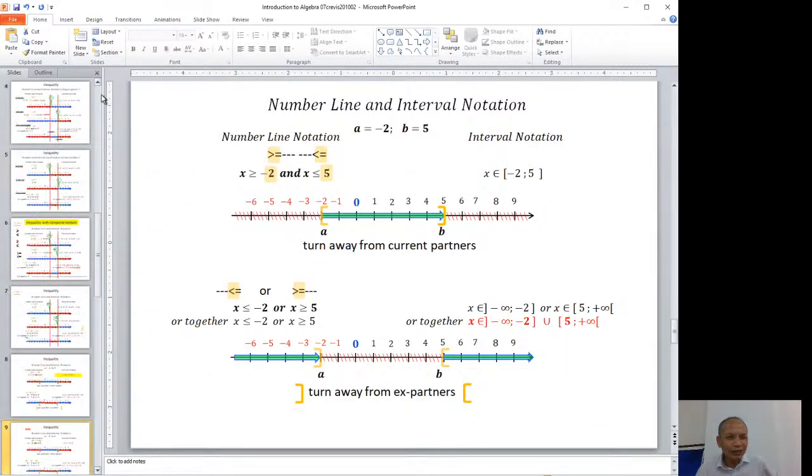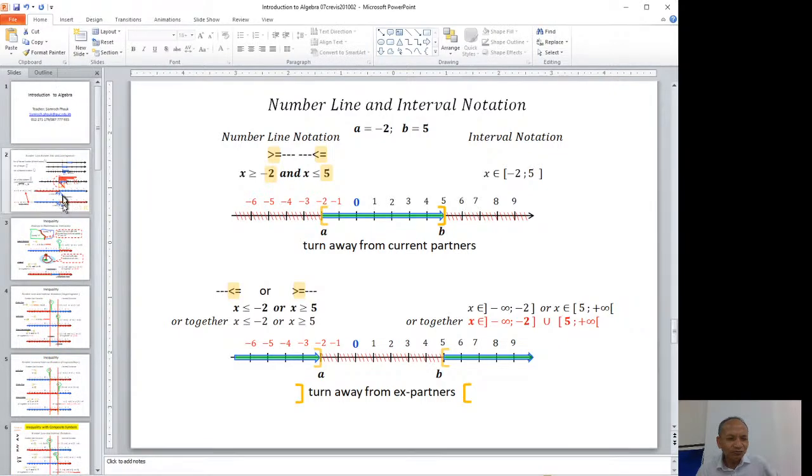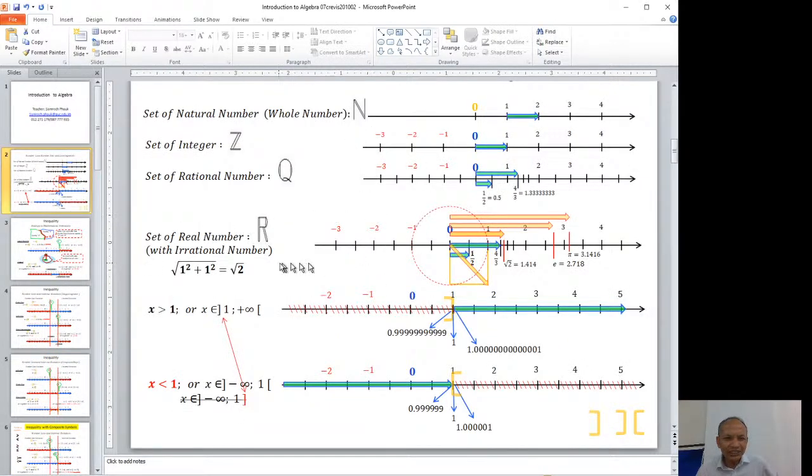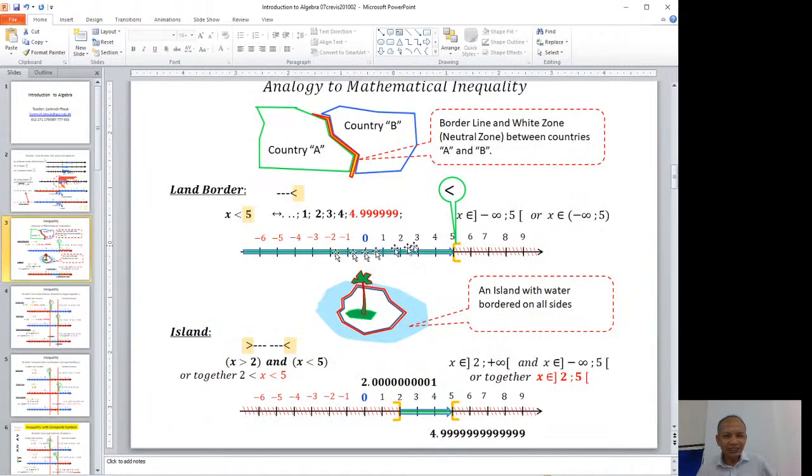So maybe still not clear. Please come back to the first one. This is again to revisit the concept of number line, set of numbers, and the line to represent numbers. Okay, come to this, and this is the example, the analogy of the concept to real world life.